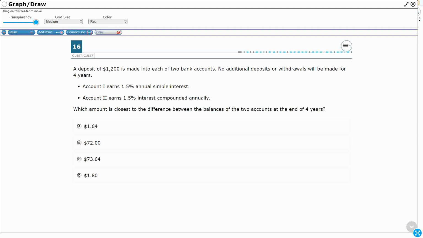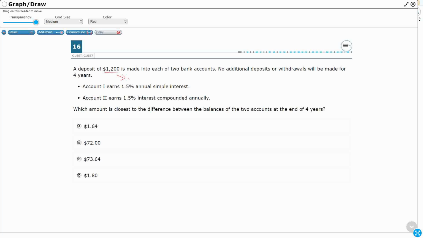All right, so we've got to compare two different types of interest. We have an initial deposit of $1,200, no additional deposits or withdrawals. So what this lets us know is that right here we're dealing with our principal, the amount of money that we're calculating the interest off of, and that remains the same.